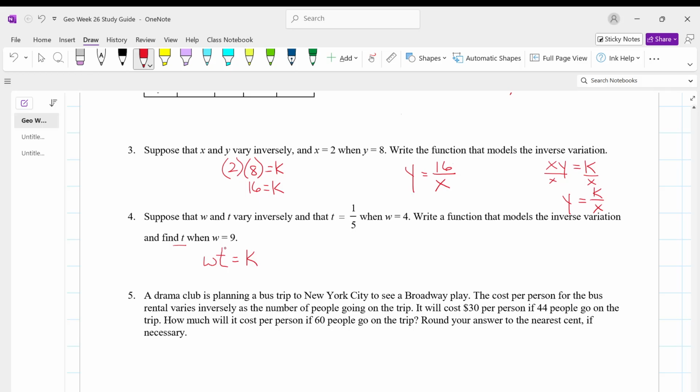So our function needs to be T equals. We're going to take T and multiply it by W. So T times W is going to be 1/5 times 4 equals the constant. So our constant is equal to 4/5.